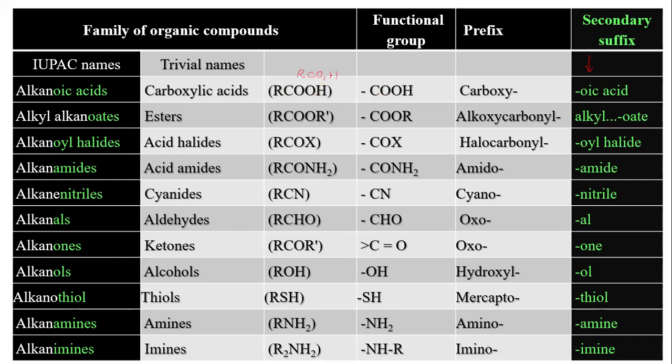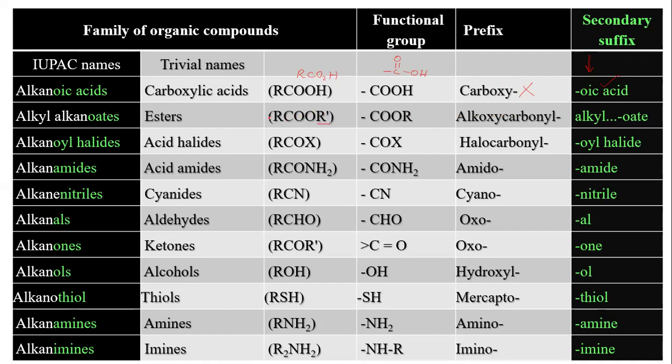R is the alkyl group. The functional group is COOH. It could be written like this. Its prefix, which is not part of our syllabus, is carboxy. Its suffix is -oic acid, and we will use this. And ester has two alkyl groups.